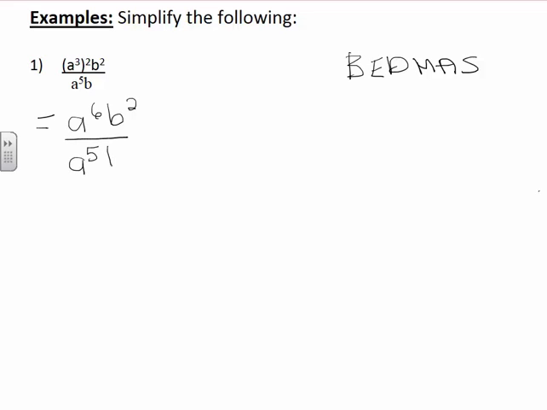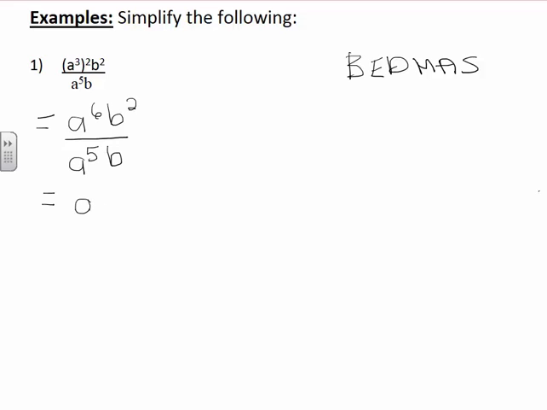Now second, according to BEDMAS, is division or multiplication. So we know we can't do multiplication because the things that are being multiplied, the a and the b here, aren't the same base, so we can't use the product rule. So let's proceed to do division, which we can do because we have a's divided by a's and b's divided by b's. So by our quotient rule, we know that we simply subtract the value of their exponents.